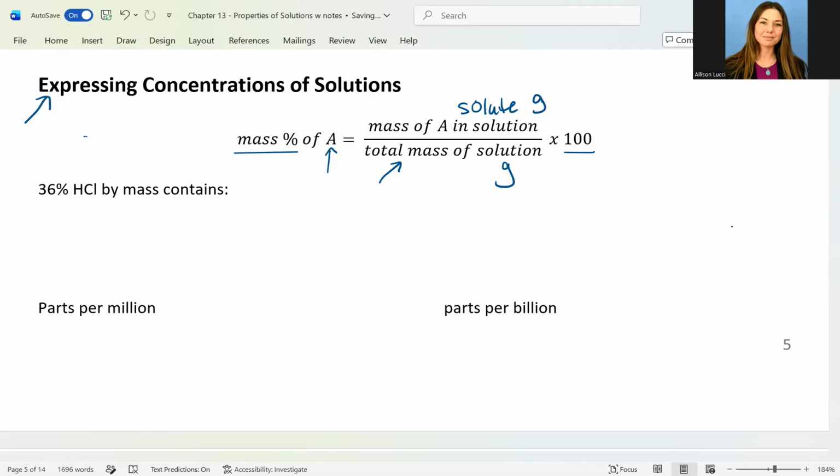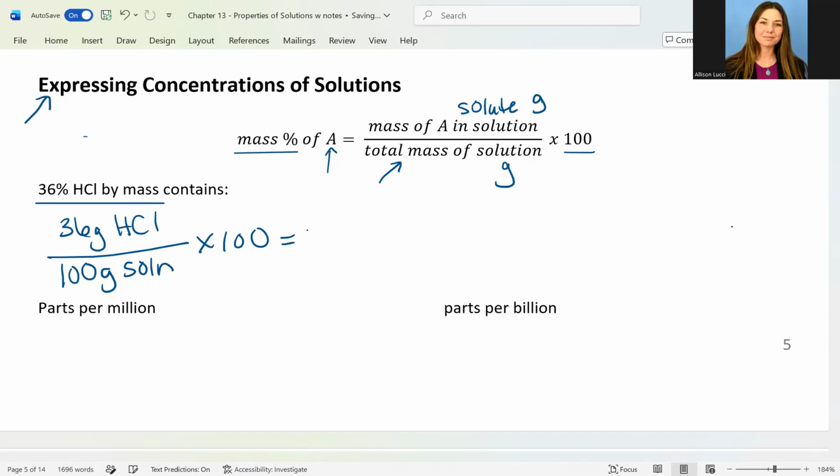So an example here for a 36% HCl by mass solution would contain 36 grams of HCl in 100 grams of solution. So that's the water, the HCl, everything combined, times 100. Right, so that will give us that 36% HCl.